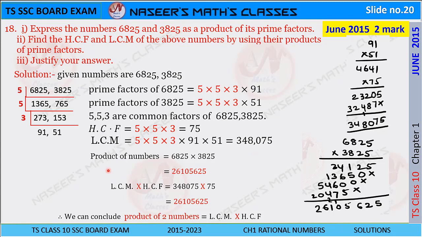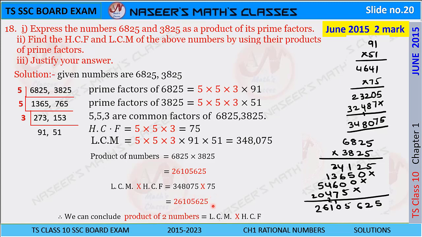Next, the product of the numbers is equal to 6,825 into 3,825. By multiplying these two numbers, we get 26105625. Then we already know that LCM into HCF is equal to 348075 into 75.